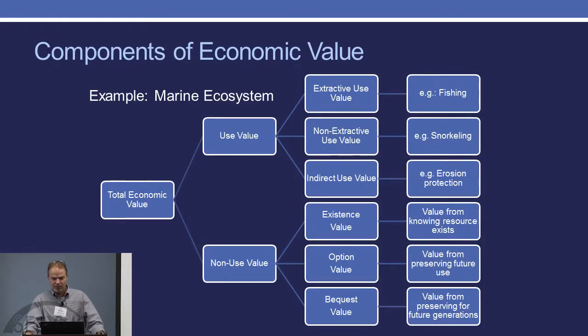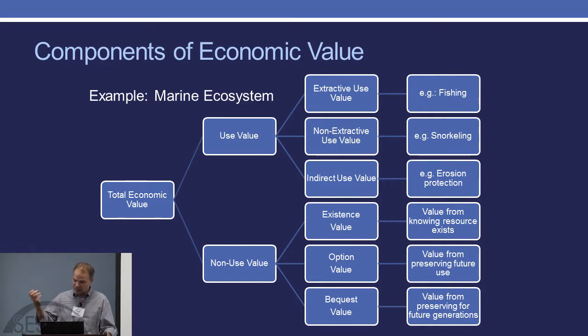Total economic value has a lot of pieces. Use value and non-use value is one way to partition value, right? Things that we use either directly through extraction or directly without extraction, maybe snorkeling or hiking or mountain biking. That would be non-extractive use value.